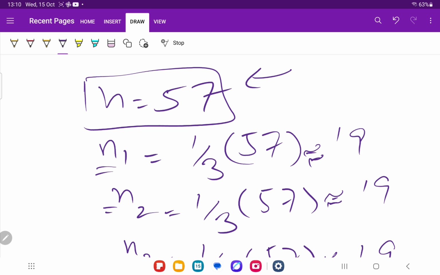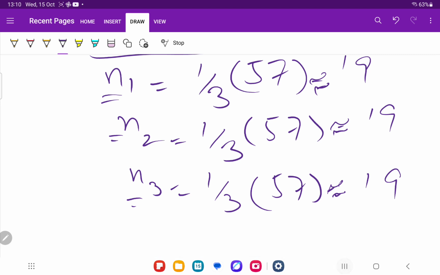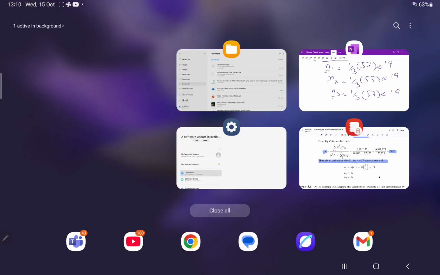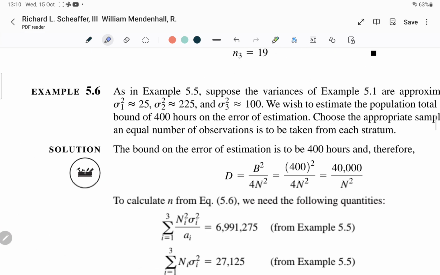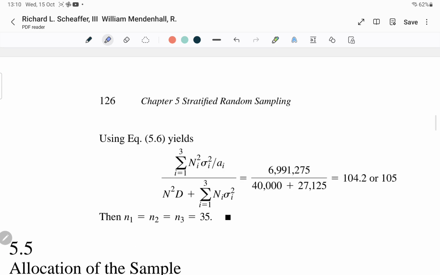Okay, so n1, n2, n3, these are the sample sizes for each stratum, and this small n, 57, is the sample size for the capital N. Okay, now I think this topic is finished.